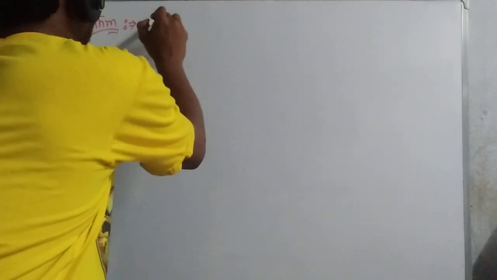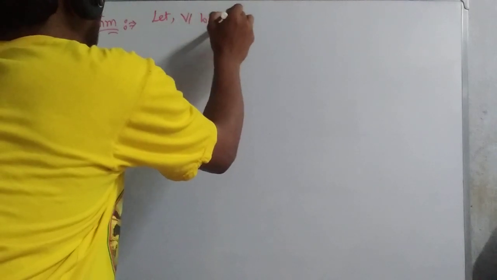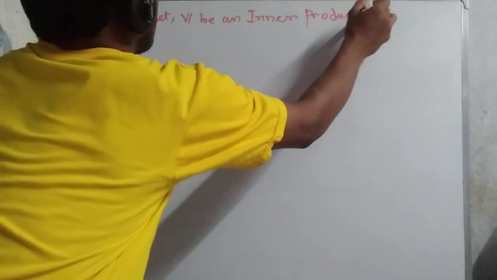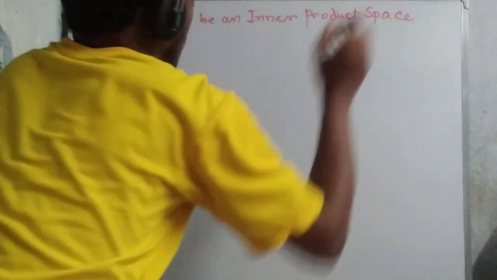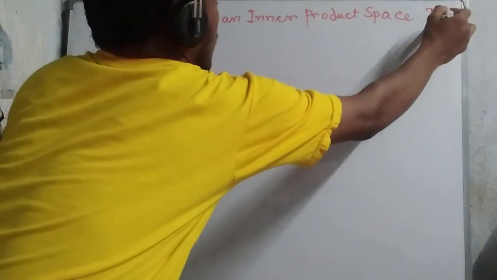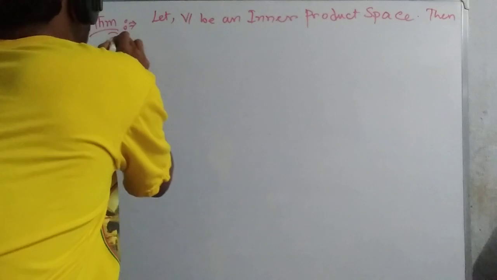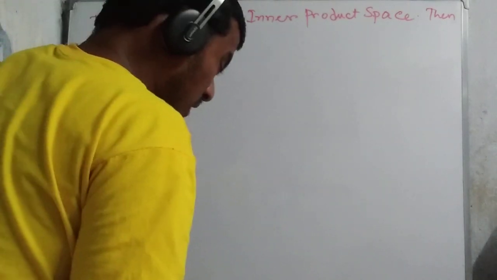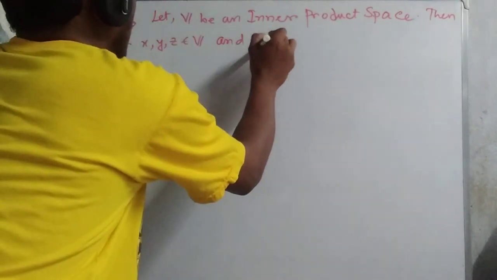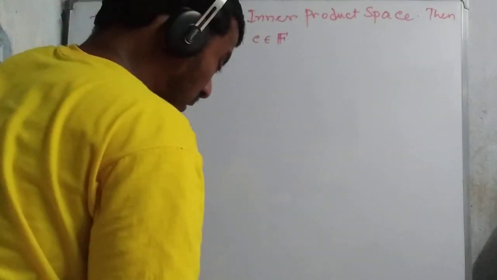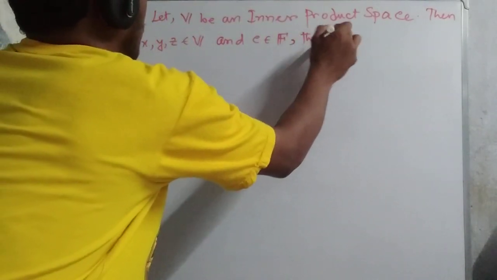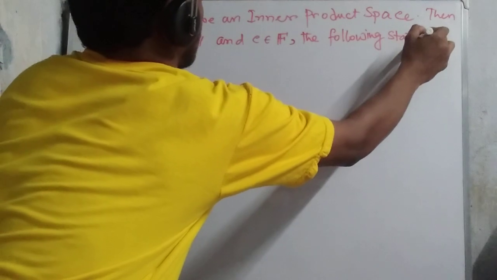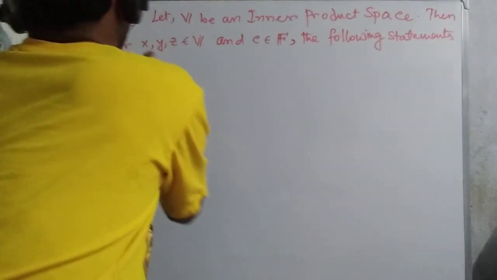Let V be an inner product space. Then for x, y, z belonging to V and c belonging to F, the following statements are true.